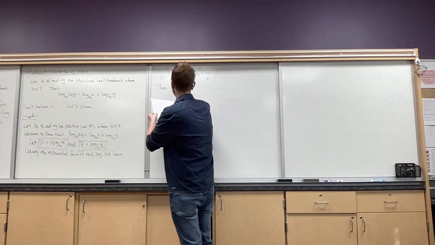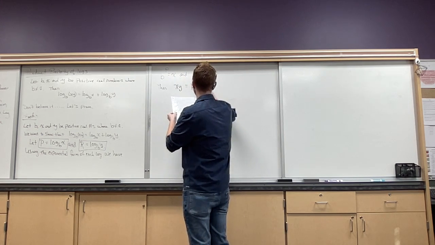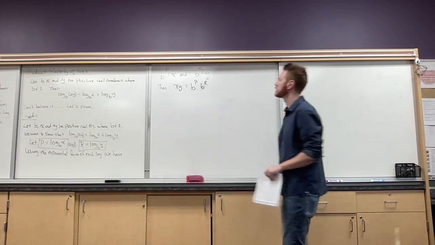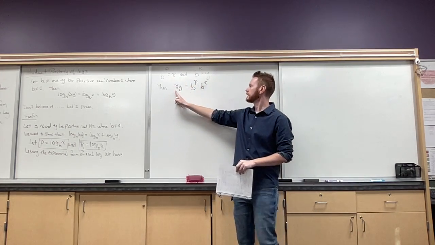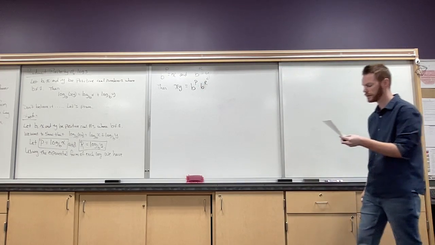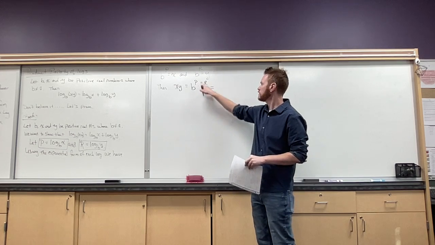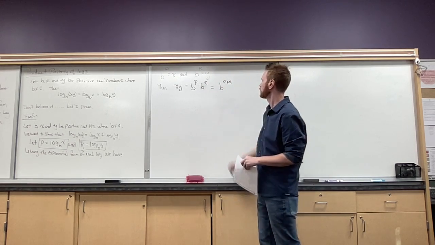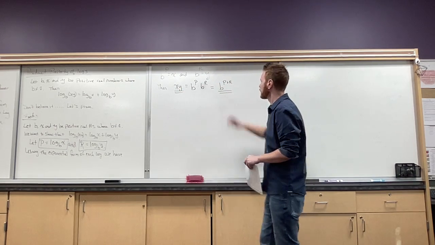Then xy is equal to b to the p power times b to the r power. So again, I just took my exponentials, multiplied together, and I get this as a result. Now if you remember your rules of exponents, same base, you add the exponents, so b to the p plus r. So if you multiply x and y together, that's going to be your answer.